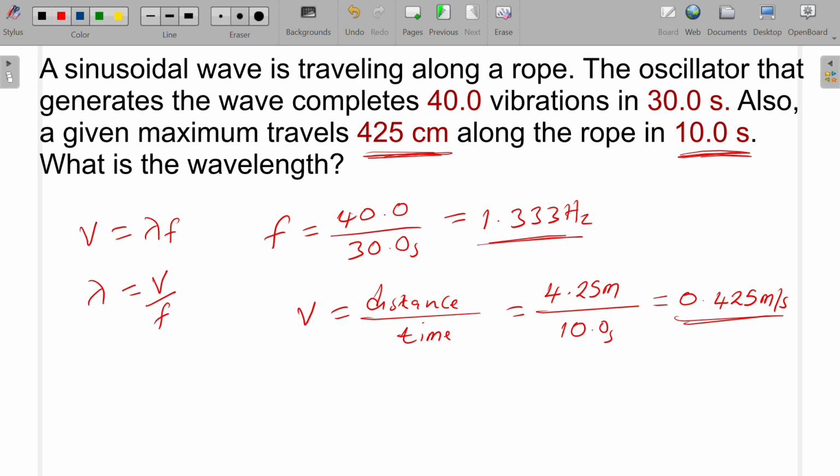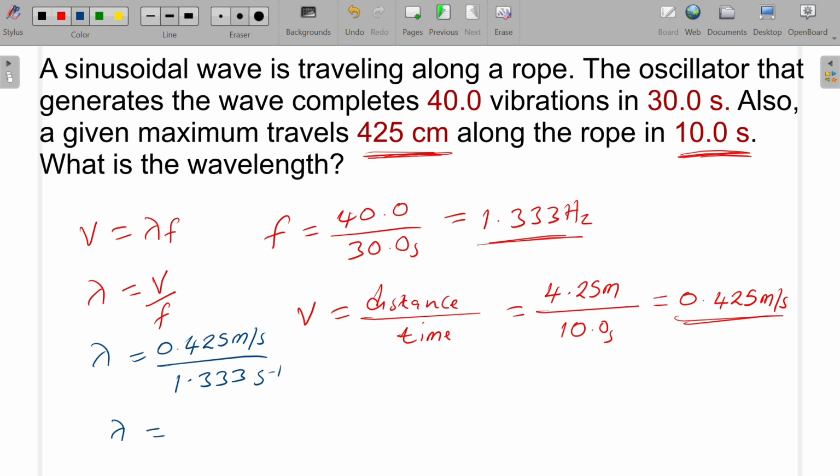So our wavelength will be equal to the speed, which is 0.425 meters per second, divided by our frequency, which is 1.333 hertz. Hertz is the same as per second, so we'll put the unit per second. Second and second will cancel, and what we have is our wavelength in the unit of meters.